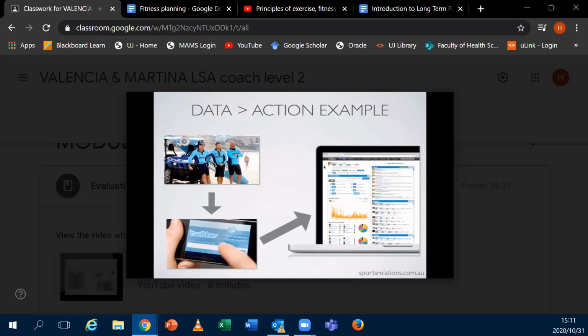So they started to change the content of the show to include a few more of those sort of background stories on the guys that appear in the show. So that's an example where data that's been collected has clearly led to action, in this case changing content. But in a sporting example, the action might be training design, playing strategy, feedback to players. That sort of thing is the action that you hopefully want to come out of the data you collect.